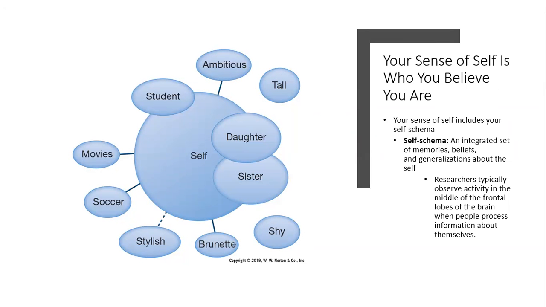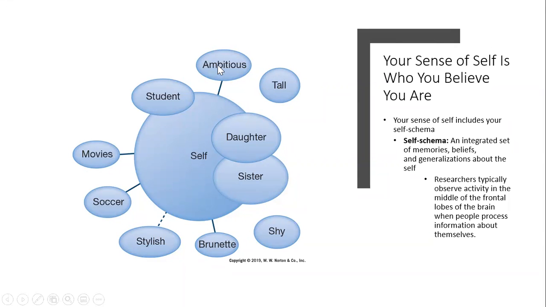So, all of us have a self schema, and our self schema consists of interrelated knowledge about ourselves. Here, the concepts that are most strongly related to one specific person's sense of self. So, as a female, my sense of self is I'm a daughter, I'm a sister, I can have wife and mother over here, and then I could talk about other things that make me me. So for me, I'm not tall, I'd fall under short.